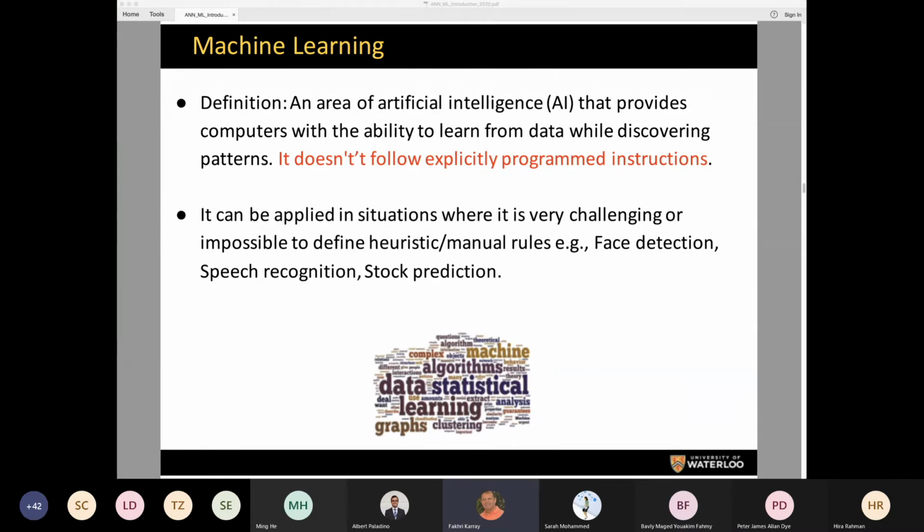We don't need heuristic or manual rules. We don't have to have specific features for a system to let us know that this is a face, or a particular utterance of a human, and how to recognize it in a certain environment.